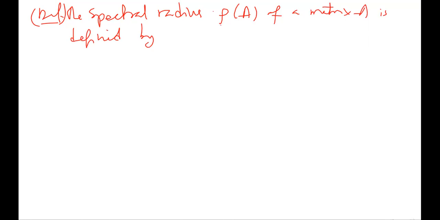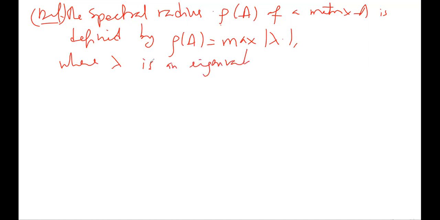The spectral radius, which we write like this, of the matrix A is defined by the maximum of the absolute values of the eigenvalues lambda of A.